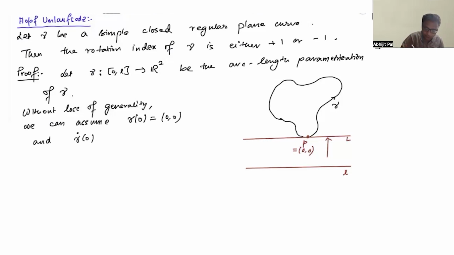Gamma dot 0 can be either (1, 0) or (-1, 0). Let us take this gamma dot 0 to be the unit vector (1, 0). Now you want to prove that the rotation index of this gamma is either +1 or -1.